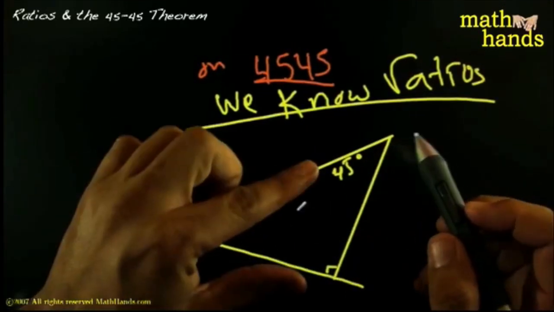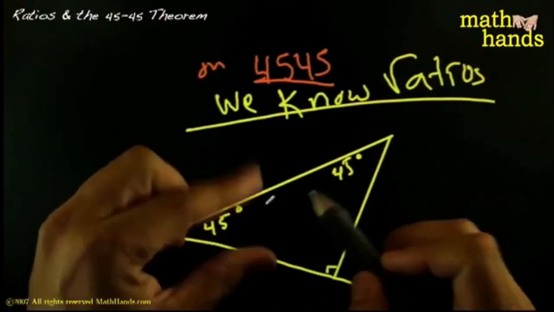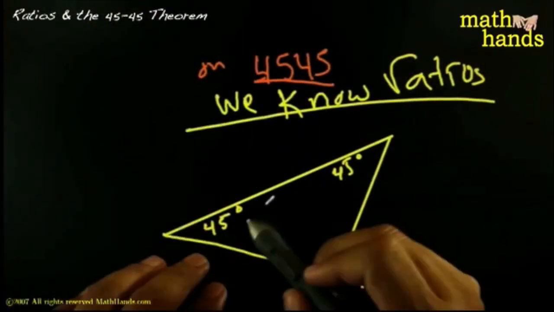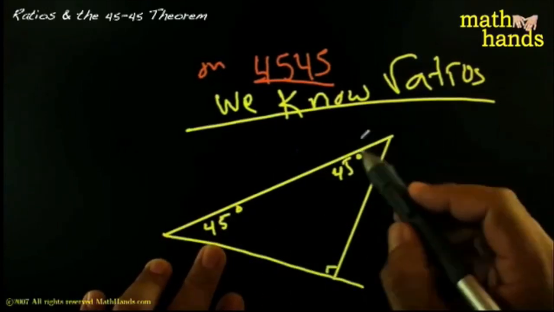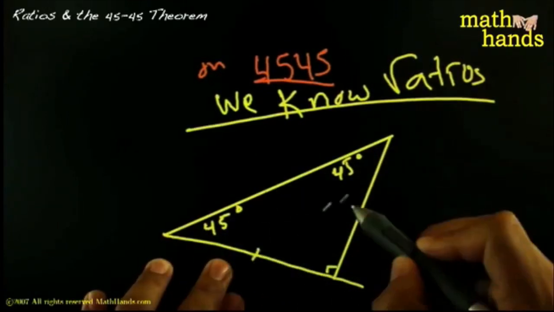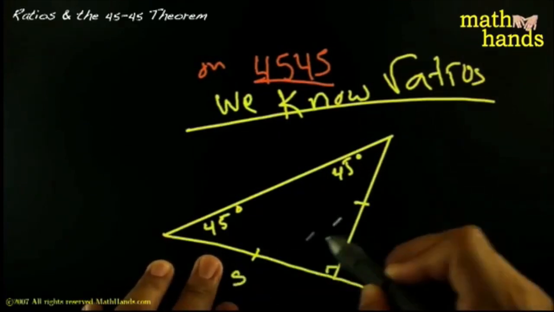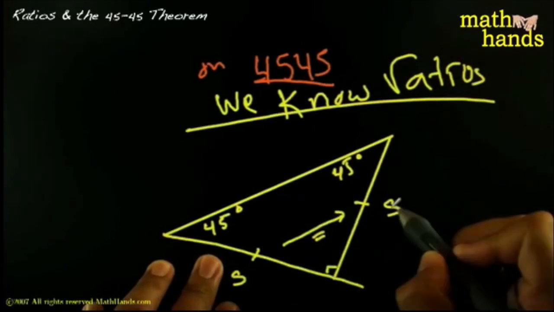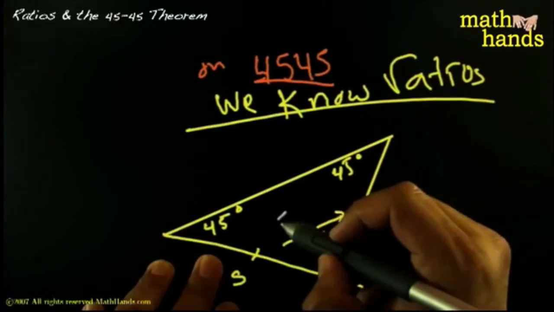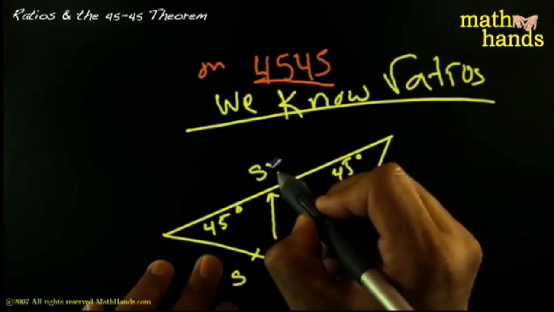If this angle is this big and the angle is exactly the same, if you accept the notion that big angles make big sides and little angles make little sides, then that leads you to accept that equal angles would make equal sides on a Euclidean triangle. So these sides are the same. So whatever you call this one S, then that side will also equal that side. And the ratio for the hypotenuse, which is across from 90, will be S times the square root of 2.